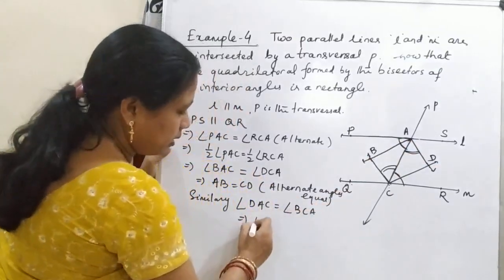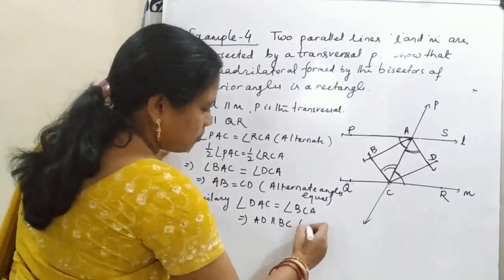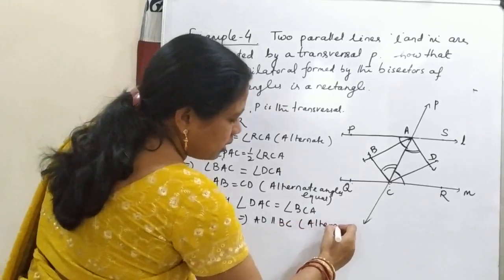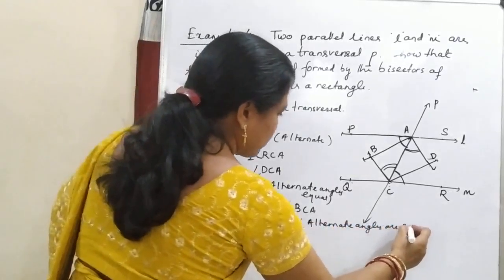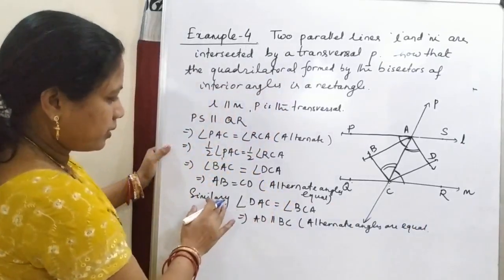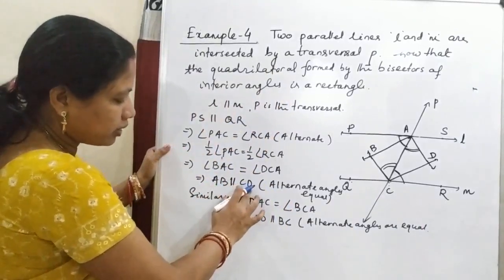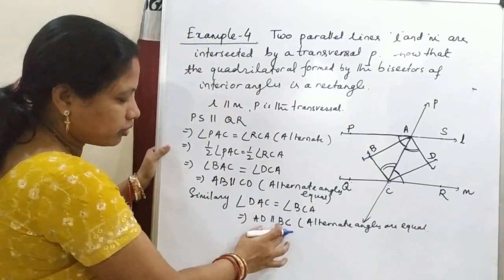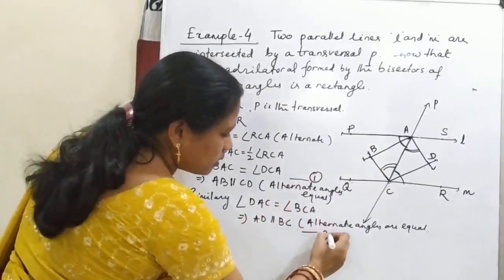So this implies AD is parallel to BC because alternate angles are equal. So here we proved that AB is parallel to CD and AD is parallel to BC. This is our equation 1 and equation 2.